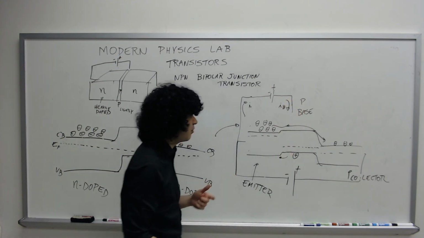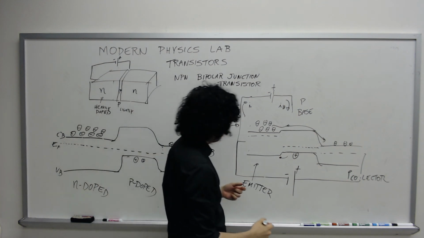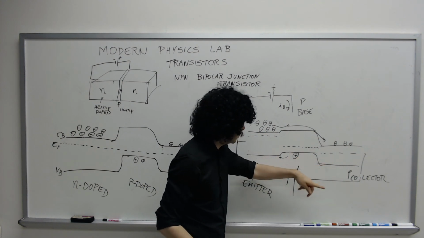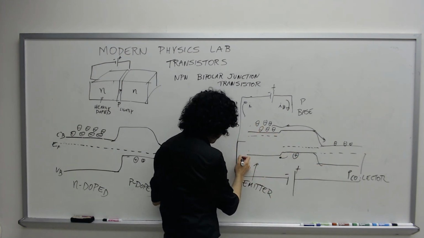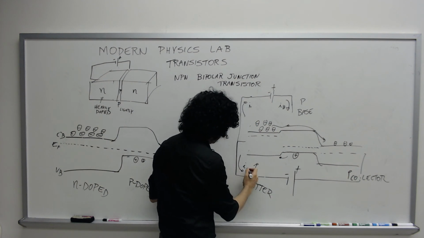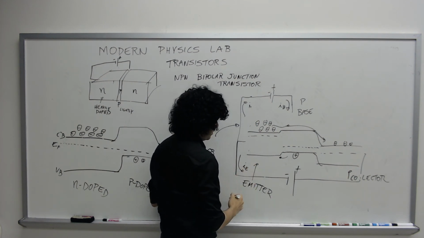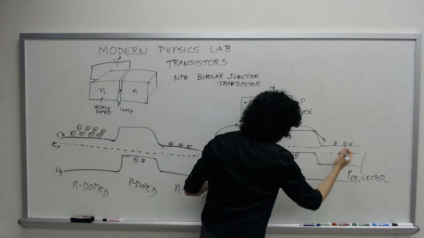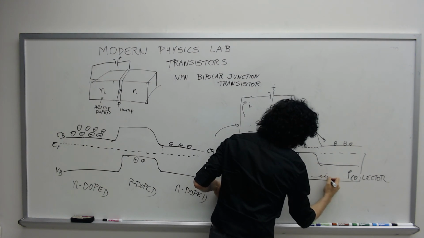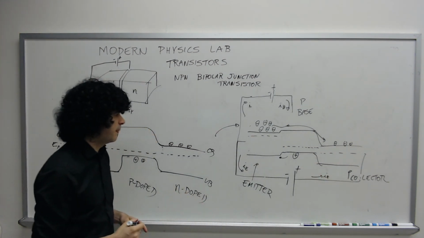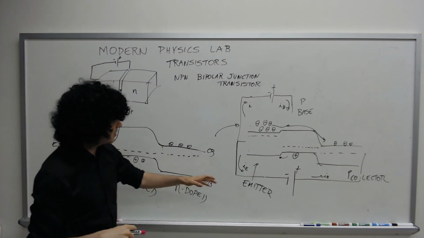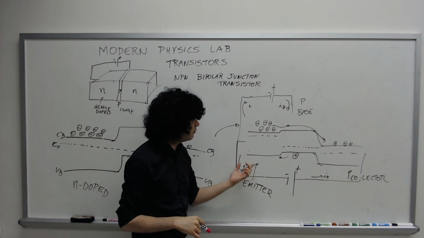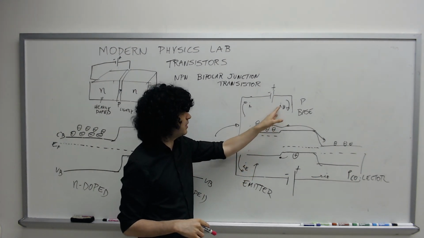Let's call it IB, for base current. And if the electrons are moving this way from here to here, the positive charges, by convention, are moving this way. So this is called IE, for emitter. You can only get this current IE if there is a current in the base.